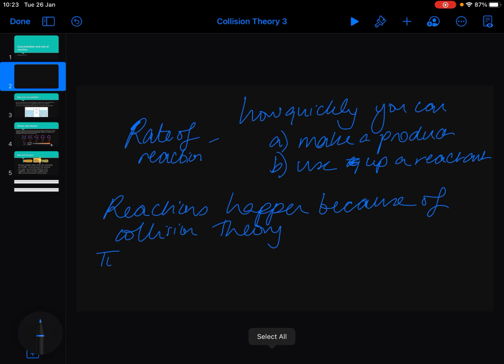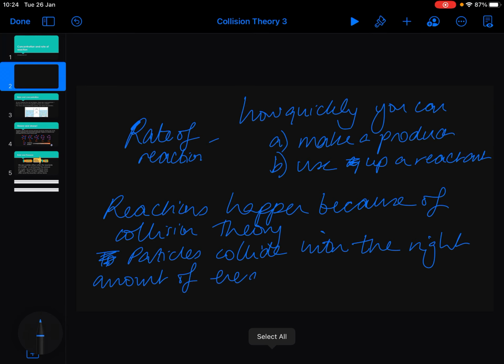So, particles collide with the right amount of energy. Now, do you remember we used a phrase, and that phrase was activation energy, so more than the activation energy. You don't need to be writing this down, by the way, it's just so that we can remind ourselves.